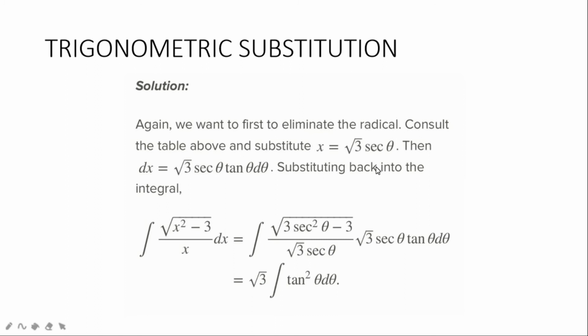Then we substitute back into the integral. So the integral will be the square root of 3 secant squared theta minus 3 over square root of 3 secant theta, times square root of 3 secant theta tangent theta d theta. And the result will be square root of 3 times the integral of tangent squared theta d theta.